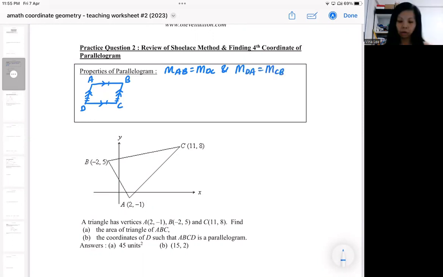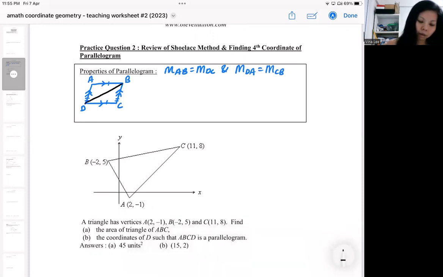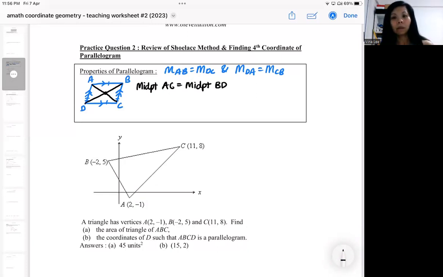Okay, the focus is more on the diagonal. So in a parallelogram, we are still able to use the midpoint of a diagonal. The midpoint of AC is equal to the midpoint of BD. Okay, so you have to make sure that the alphabets are in running order, either clockwise or anti-clockwise.